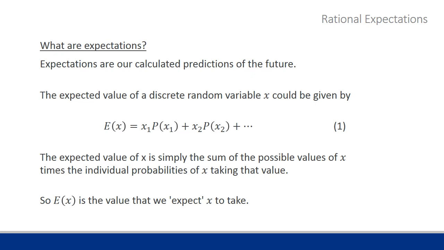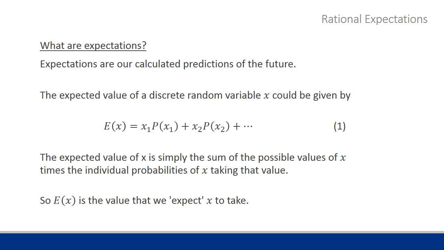And here the payoffs would be x1, x2, and the probabilities of x1 and x2. The expected value of x is simply the possible outcomes of x, times the probability of these outcomes. And the summation of these gives us our expected value.